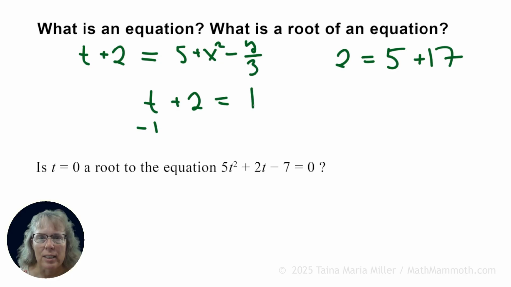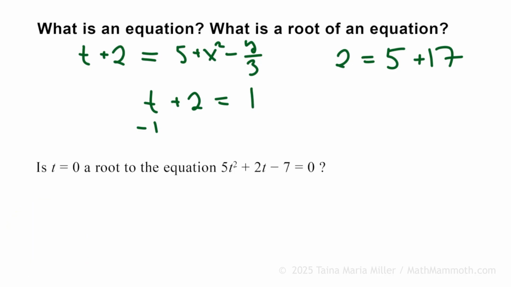Now, let's check, is t equals 0 a root of this given equation here? 5t squared plus 2t minus 7 equals 0. To check if t equals 0 is indeed a root, we'll just substitute 0 in place of t and check if we get a true equation or a false equation. So we have 5 times 0 squared plus 2 times 0 minus 7.